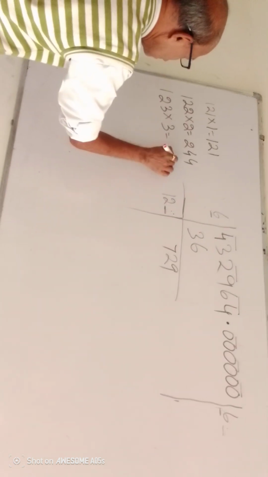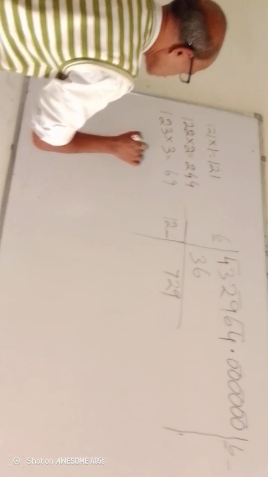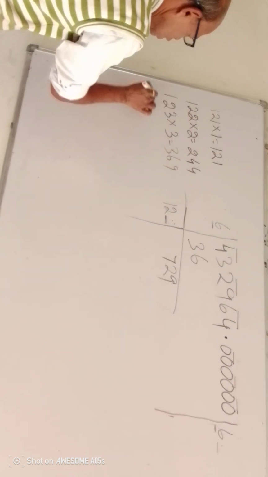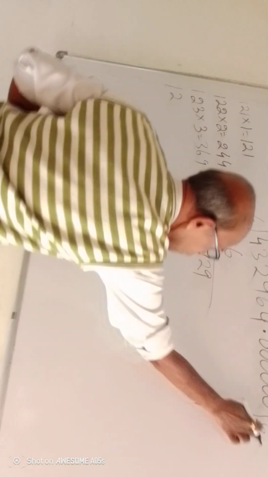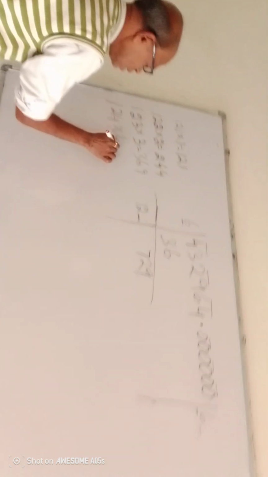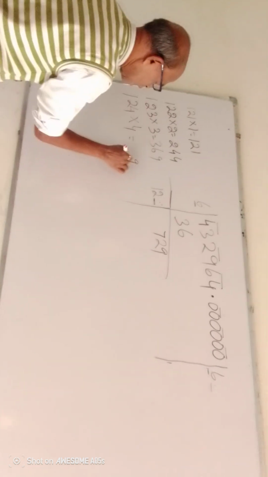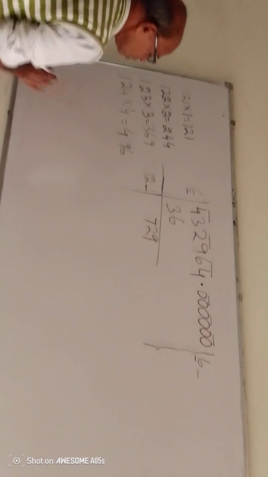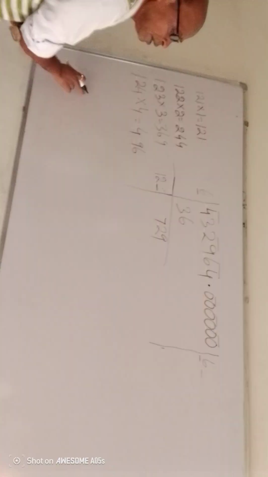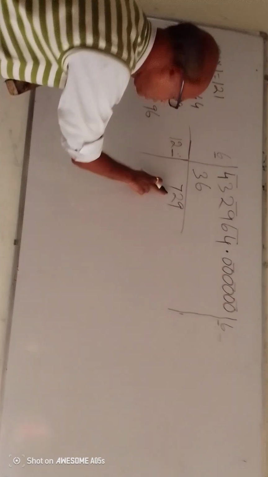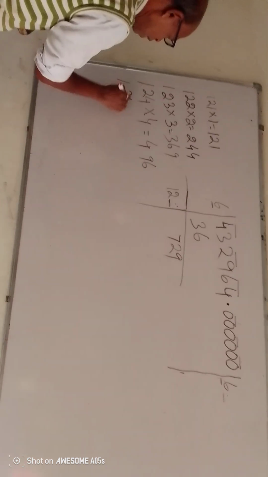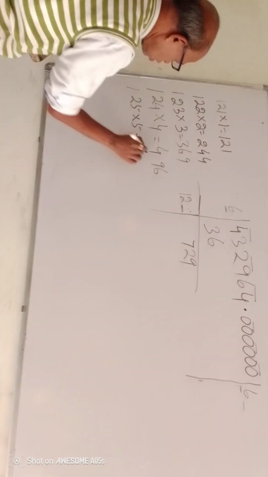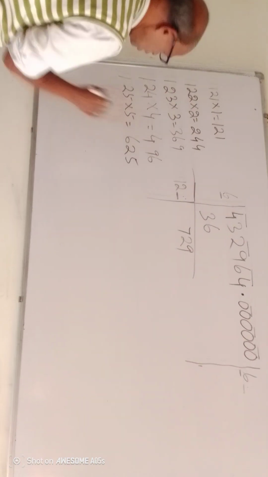If I put 4 here, I will have to put 4 here too. So you just multiply. How much is coming? It is 964. You have to go on multiplying till you get a number which is more than this. Now 125 into 5 is coming 625.